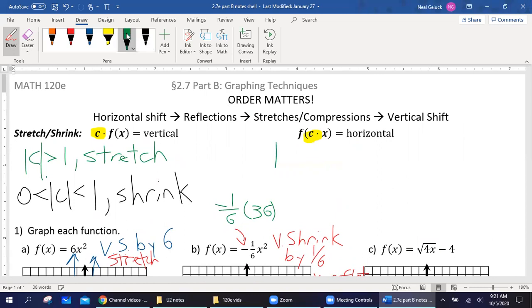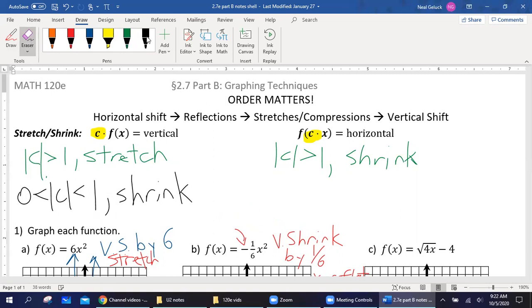If the absolute value of c is bigger than 1 here, that's going to be a shrink horizontally. And if the absolute value of c is between 0 and 1, that's going to be a stretch horizontally.